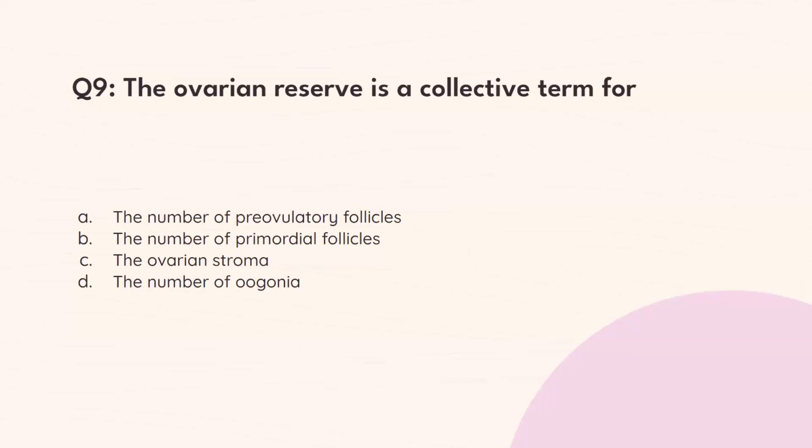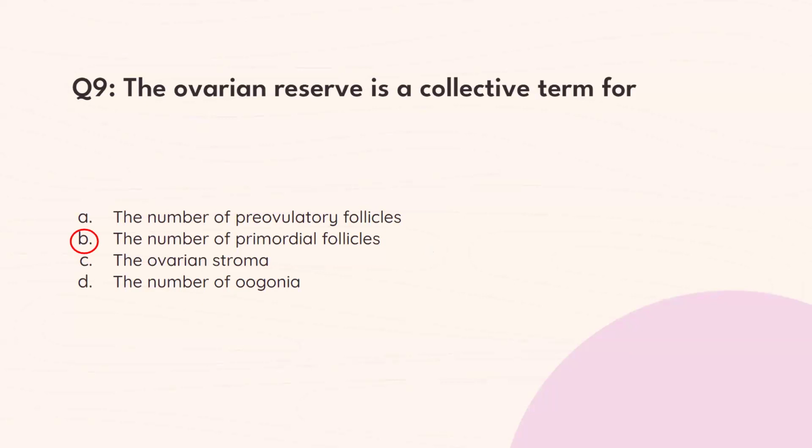All right. The ovarian reserve is a collective term for... okay, someone is saying A, somebody is saying B. And this is basically the primordial follicles. Usually the way the ovarian reserve is mentioned is that a baby girl is born with her ovarian reserve.